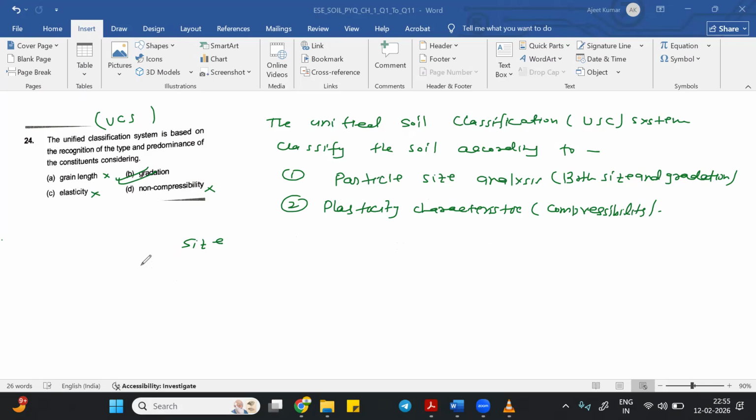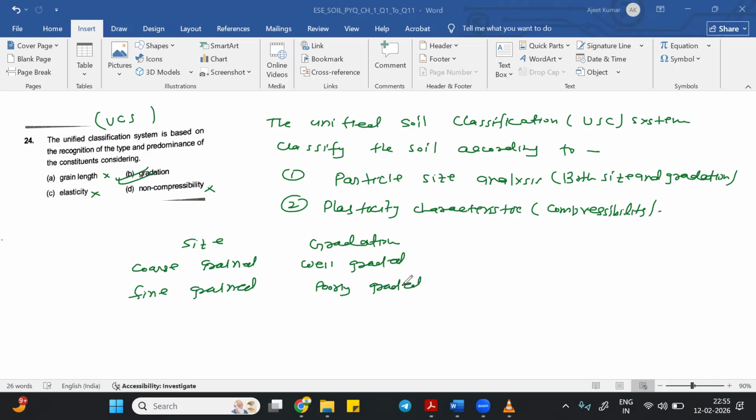Size tells you about coarse grained or fine grained soil. Gradation tells about well graded or poorly graded.